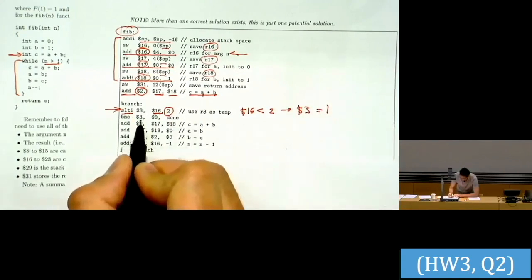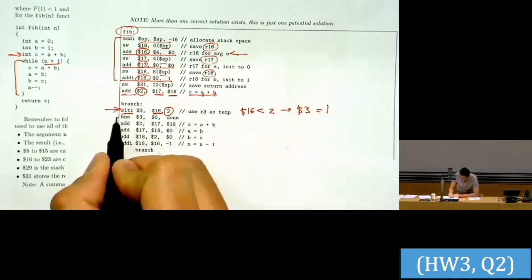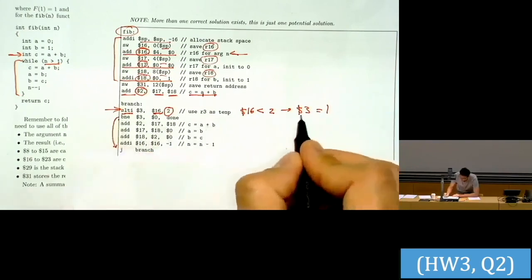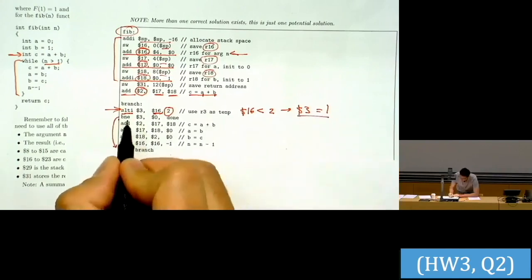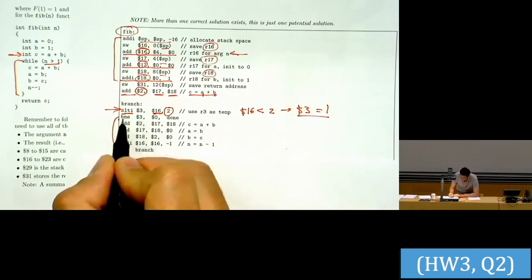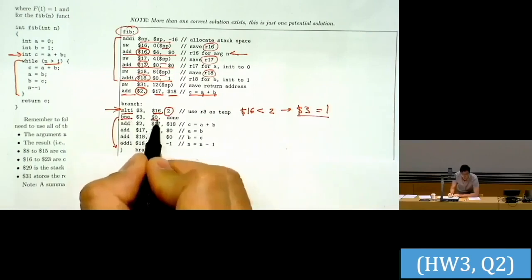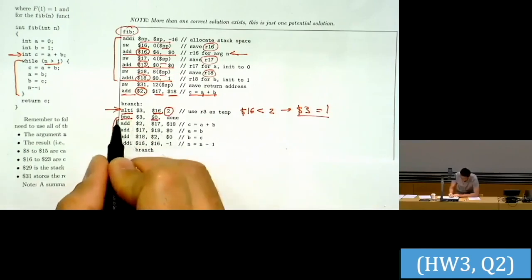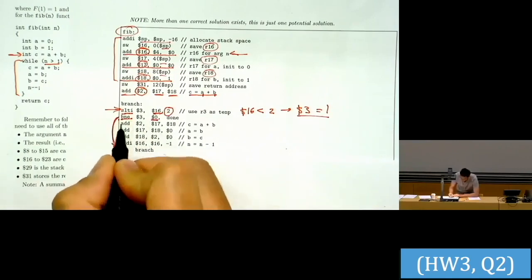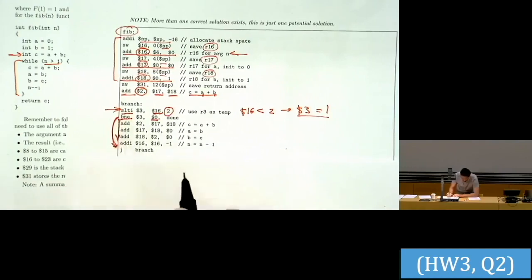If it's equal to 1, it's not equal to 0, so it won't take this branch, so it will go to the loop body.